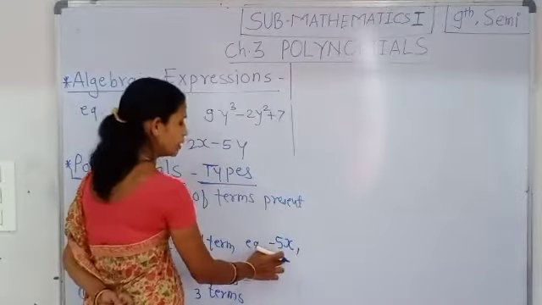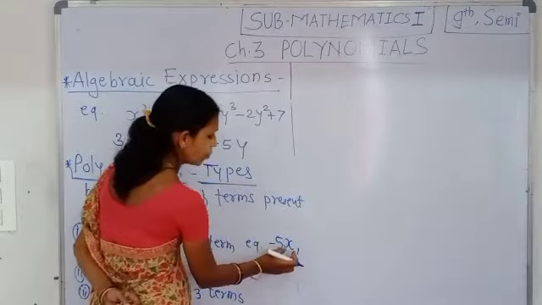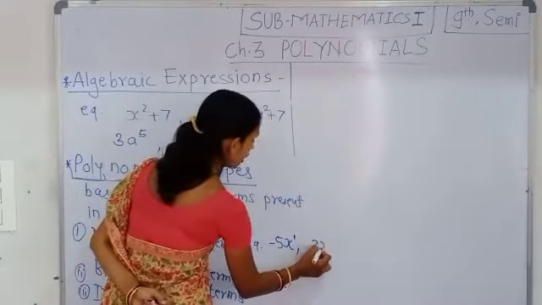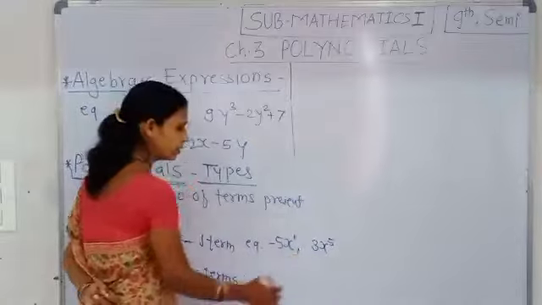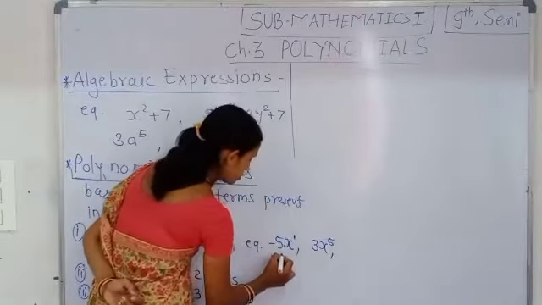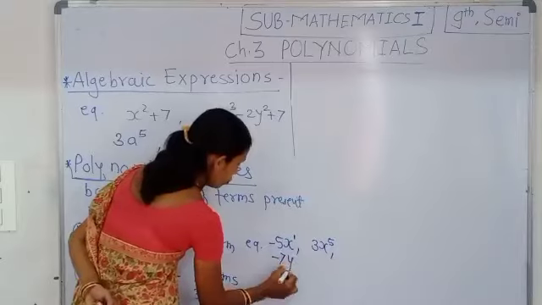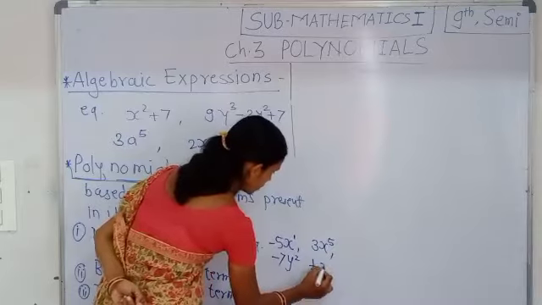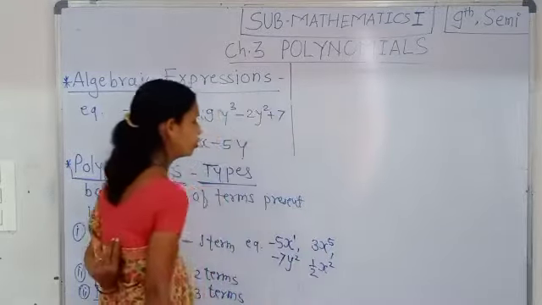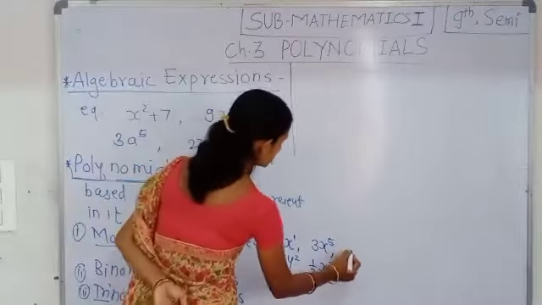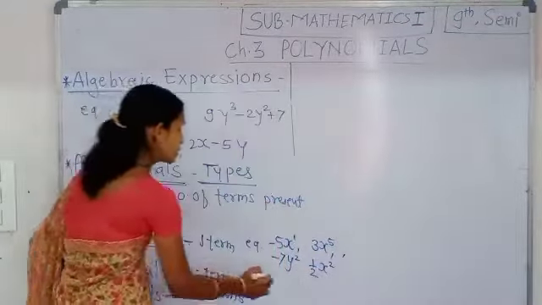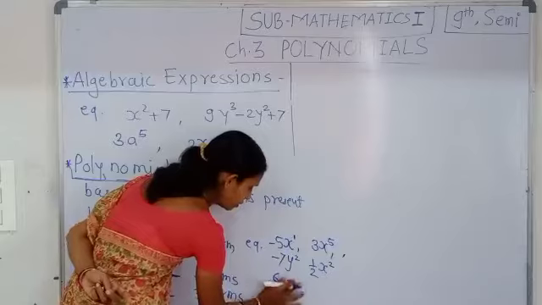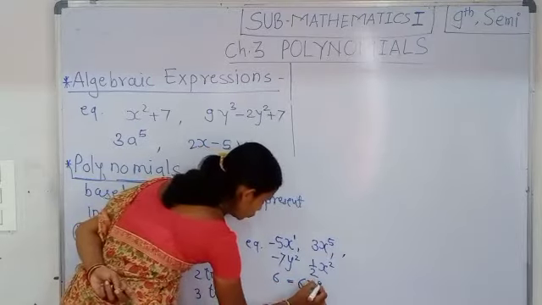It is a monomial in which the coefficient is minus 5, the variable is x, and the degree is 1. Then 3x raised to 5 is a monomial. Then minus 7y square is a monomial, as well as 1/2 x square, as well as 6, because 6 can be written like this, 6x raised to 0.